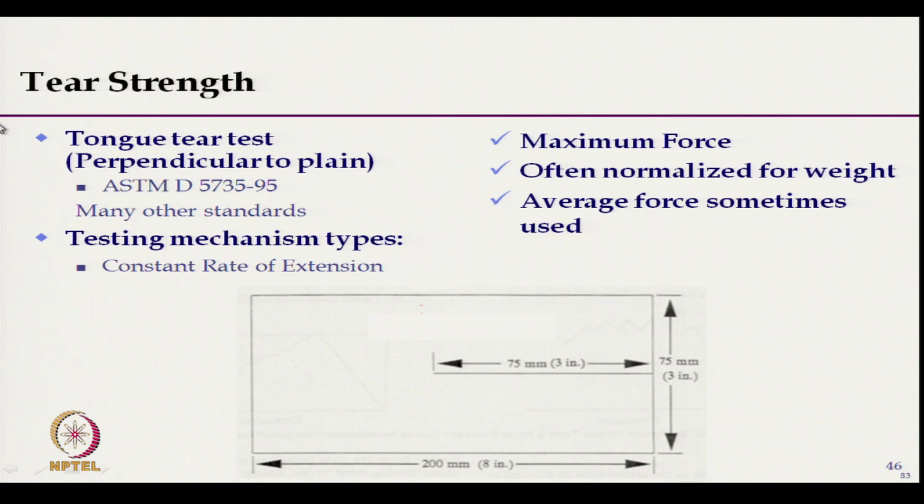Tear strength is also important, tongue tear strength. So, for the testing machine, any constant rate of extension machine can be used. Here maximum force and average force of the tear strength are sometimes used. So, these are the parameters which we can use for tear strength measurement of filter fabric.